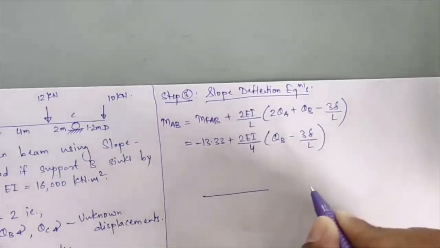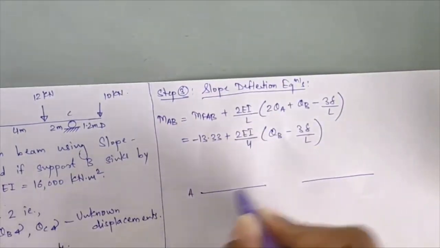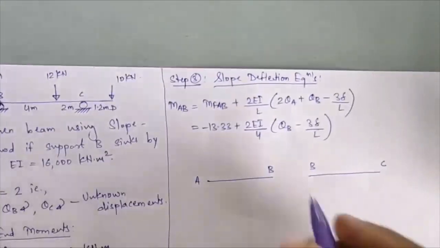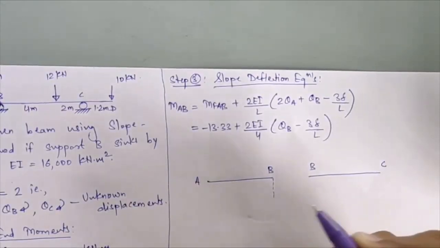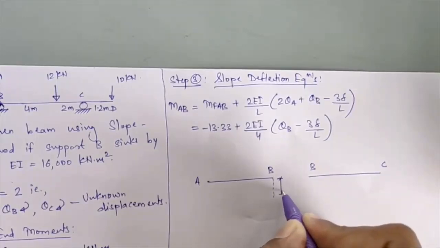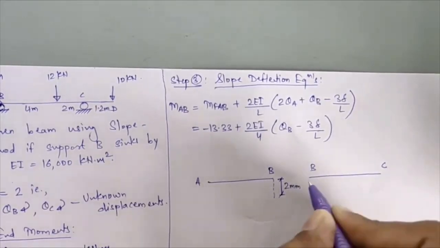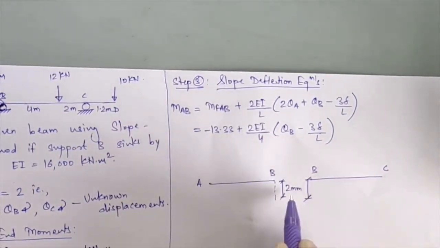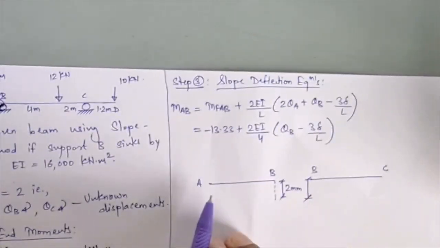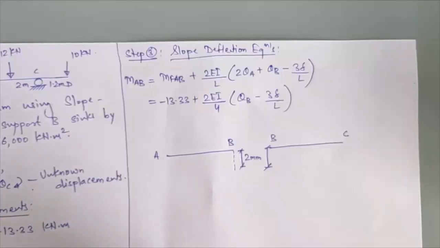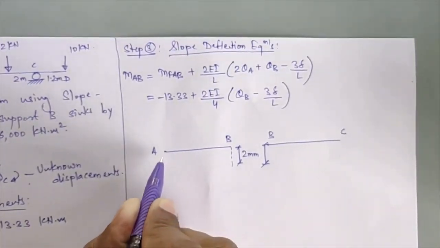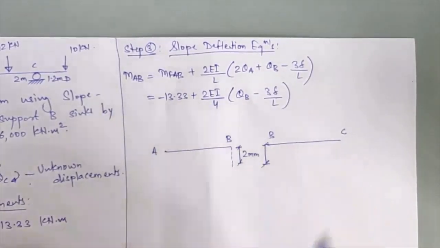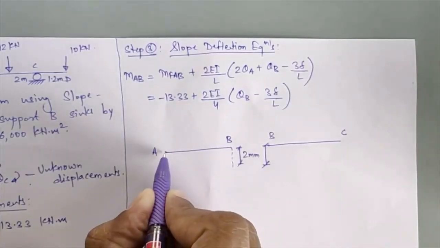Suppose this is your member AB and this is your next member, that is member BC. A translational displacement of 2 mm is provided at point B, which is sinking downward. So in both these members I have marked this translational displacement as 2 mm. So due to this sinking, what will happen? Translational rotations will be induced in member AB and member BC also. So we'll mark those translational rotations.